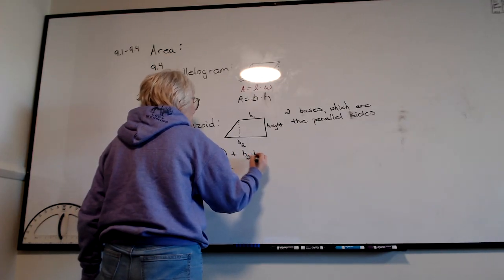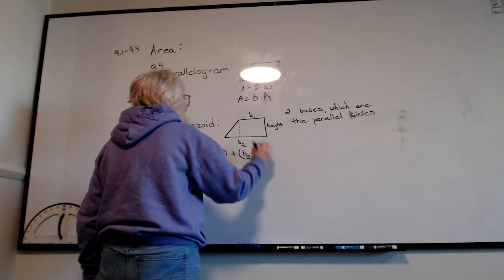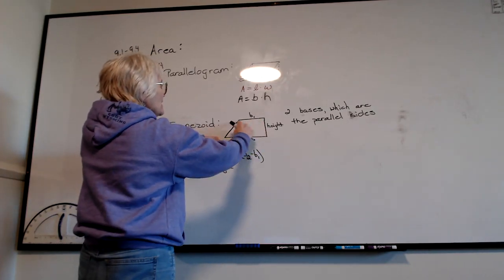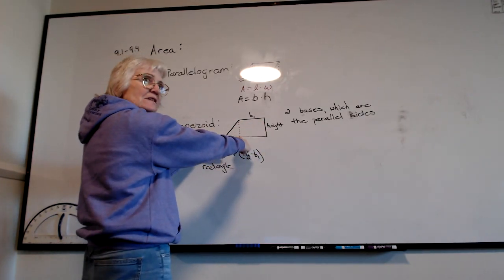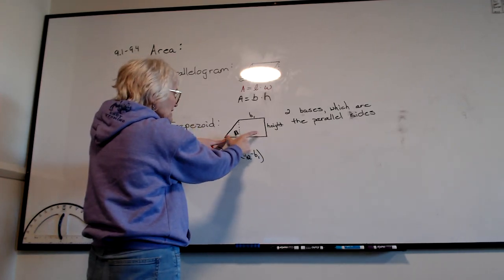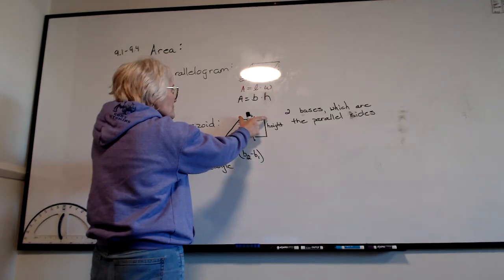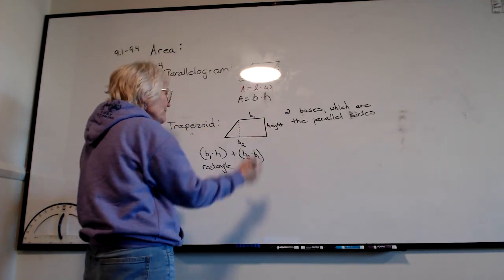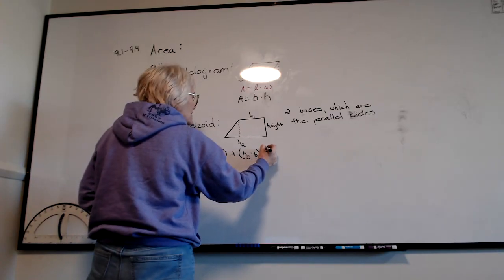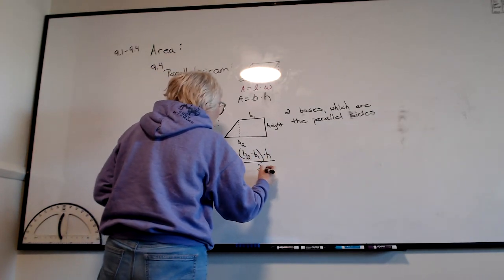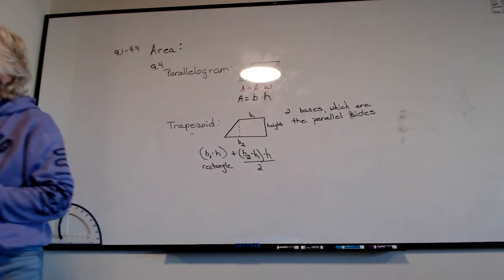Does everybody see that? If I take base 2, the whole thing, and subtract out base 1, that's what this is. Times the height, but it's a triangle, so we're going to divide by 2.